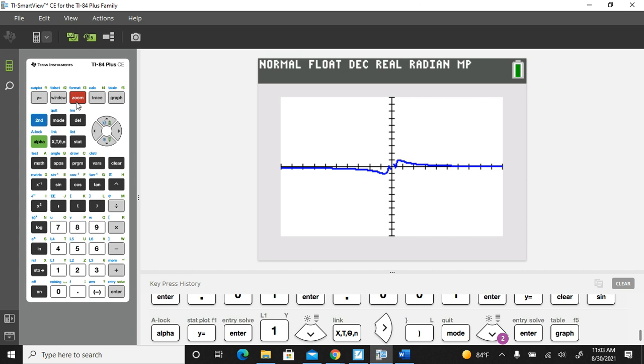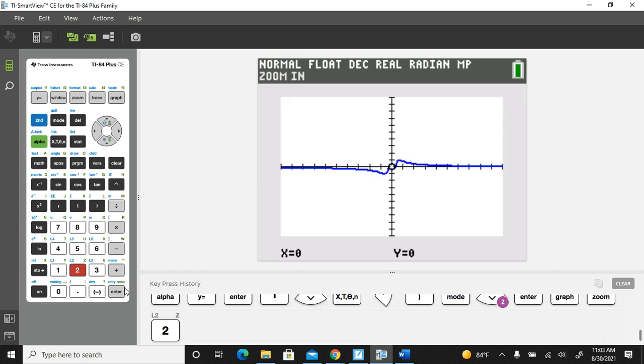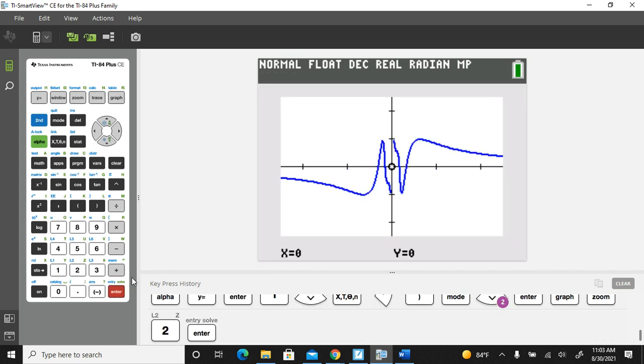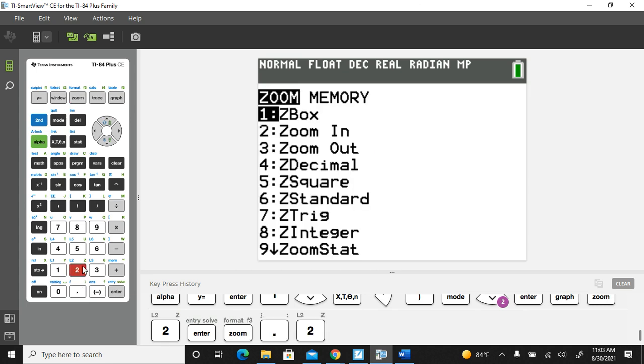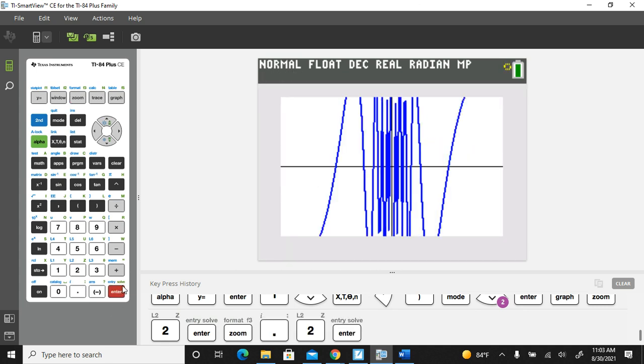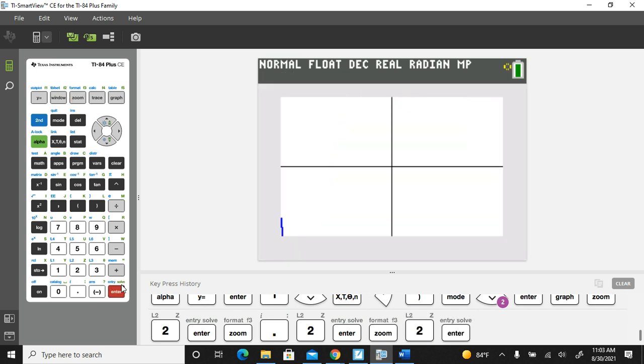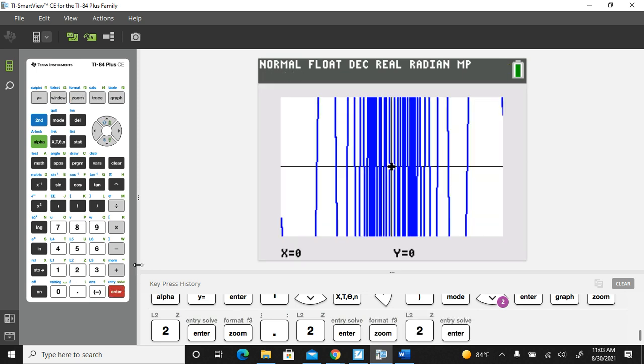But let's just zoom in and see what this looks like. And zoom in again. So that's kind of what happens. And the more we zoom in, the more you see this craziness.